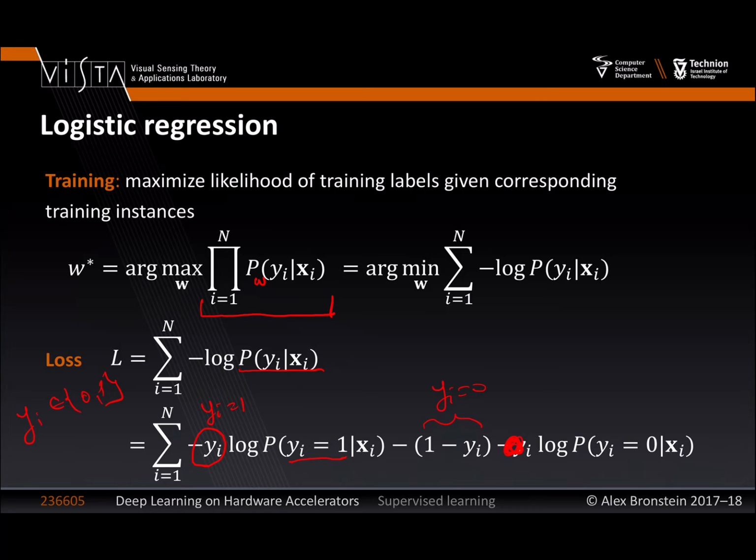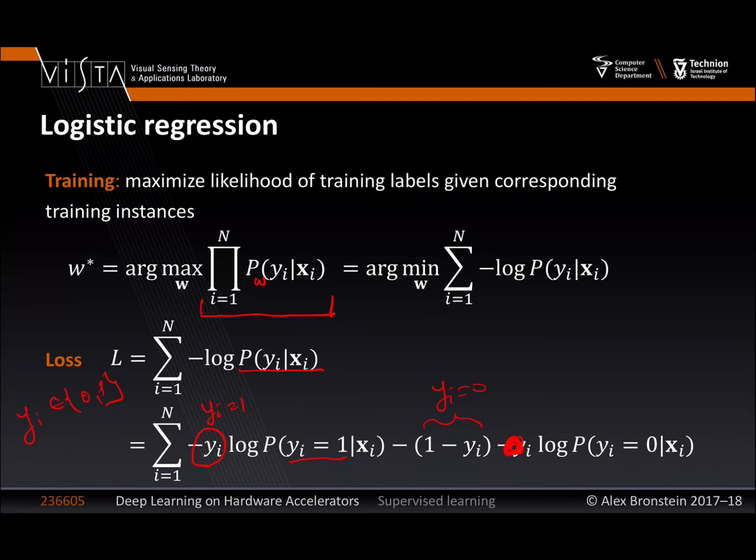I will fix this bug in the slides. When y equals 1, you have this conditional probability for y equals 1, and this is the complementary case. So you have two terms.